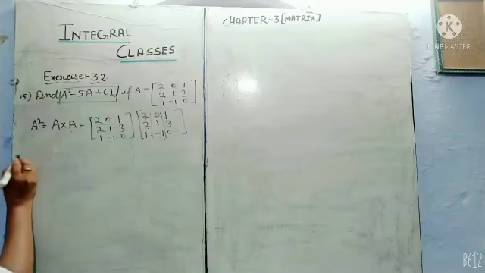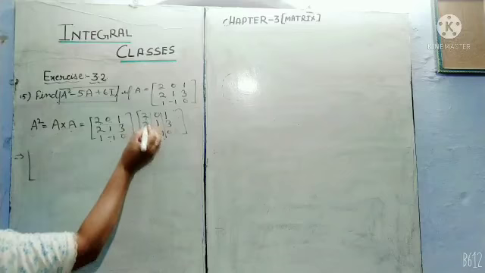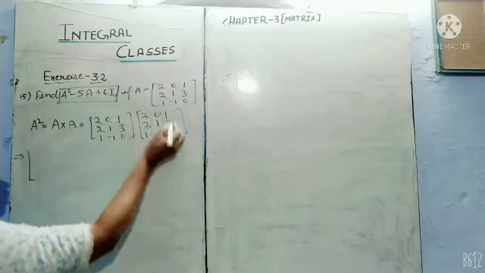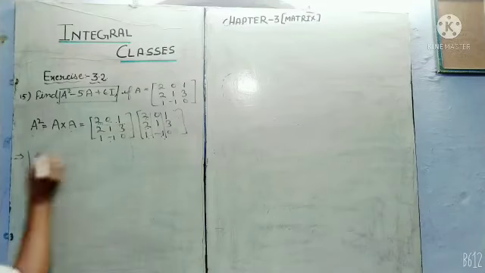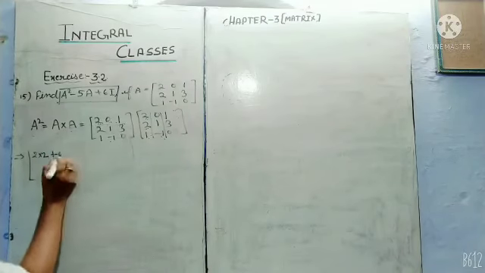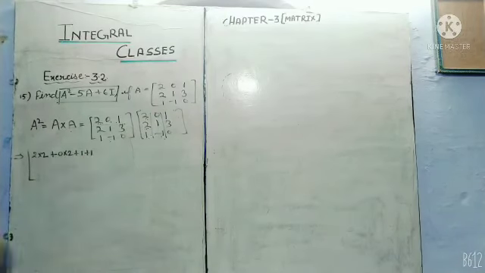So now, let's see, first row, first column, then again first row, second column, first row, third column. 2 into 2 plus 0 into 2 plus 1 into 1.